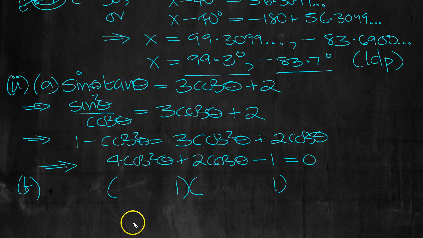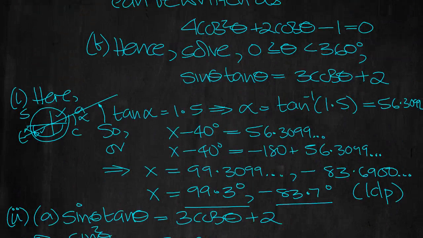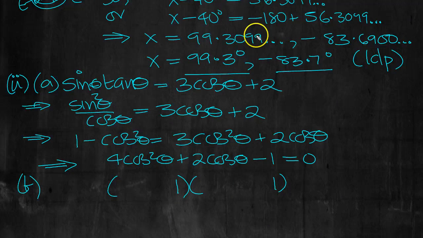No, it's not going to work, is it? 2 cos theta. No, I don't think it's going to work. Is that quadratic right? Let me just double check that. Yeah, it's fine. So we need to use the formula here, looks like, doesn't it? Let's see if we do need to use the formula by working it out.